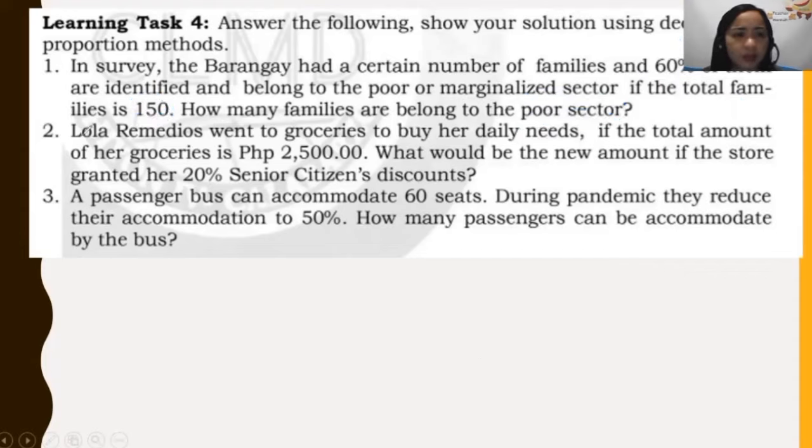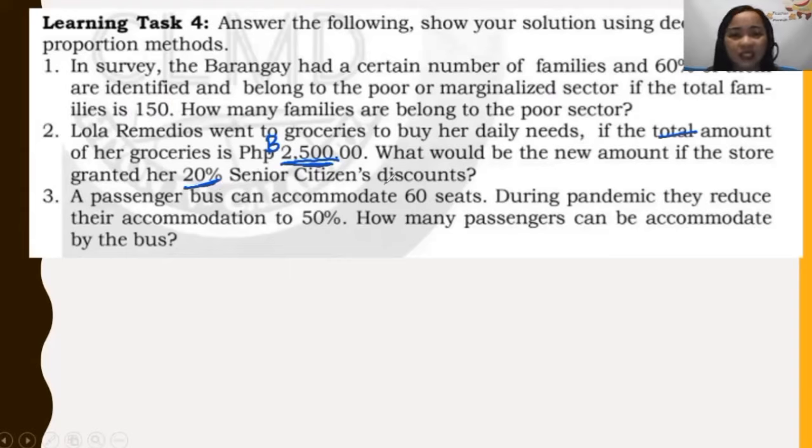And in problem number 2, Lola Remedios went to grocery to buy her daily needs. If the total amount of her grocery is 2,500 pesos, yun na nga, total amount, ito yung kabuuang binayaran niya, that is base, 2,500 pesos, what would be the new amount if the store granted her 20% senior citizens discount?